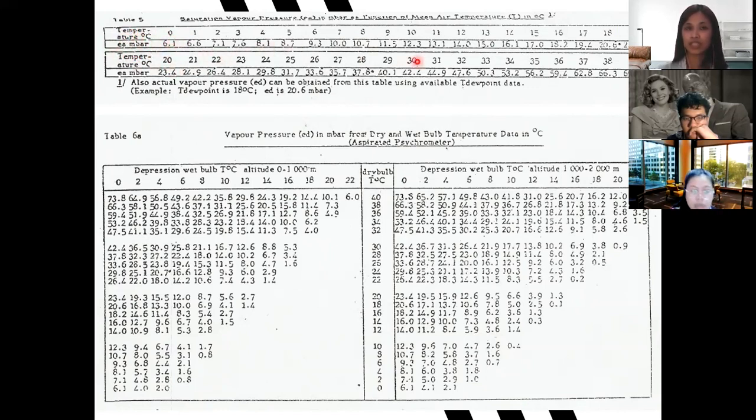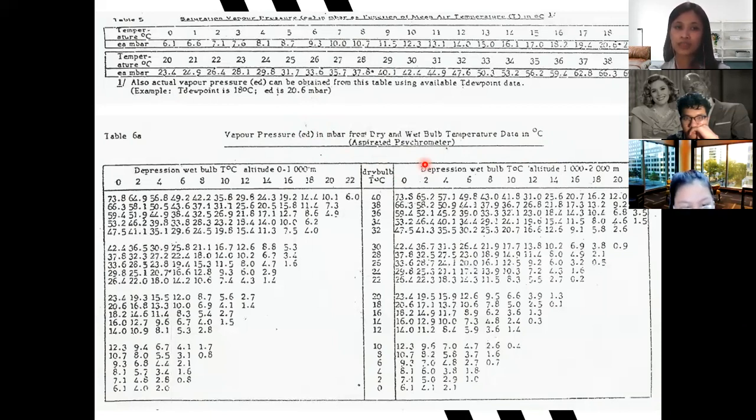Usually in one area, they have an average temperature, and for the average temperature, they will have a different saturation vapor pressure. And other than saturation vapor pressure, there is this ED, which is EA, the actual vapor pressure. It is related to the temperature data in dry bulb and wet bulb.